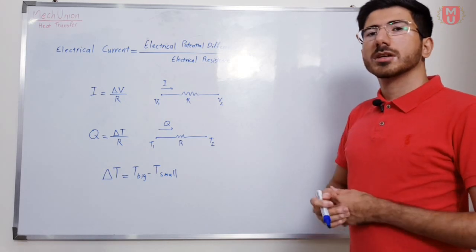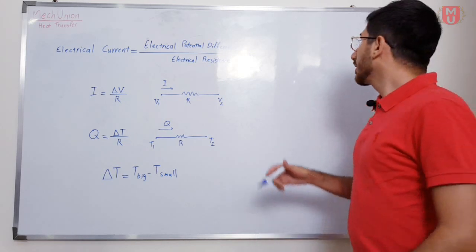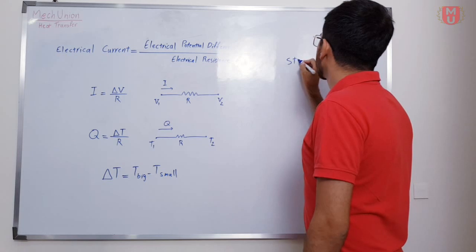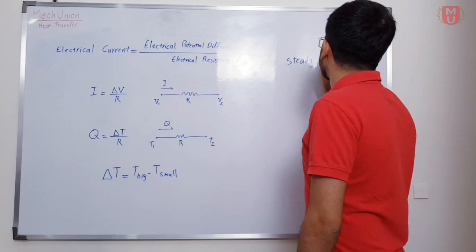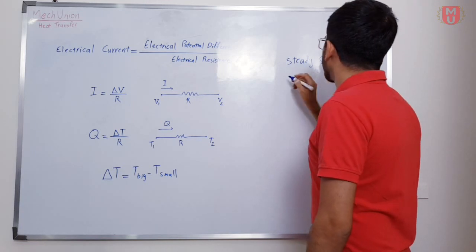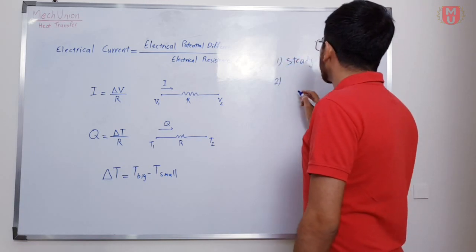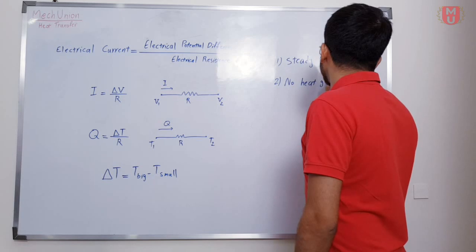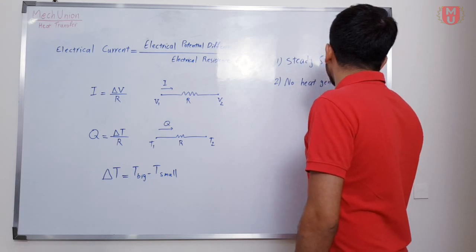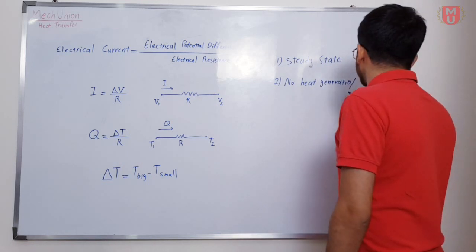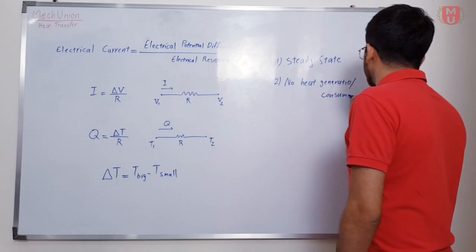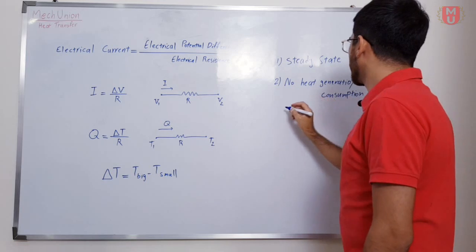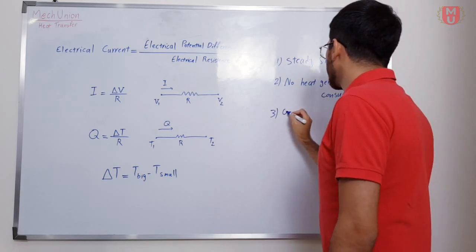Another note that you should remember is that thermal resistance arguments are in a steady state condition, and second, it has no heat generation or consumption. And the third one, it is one-dimensional.